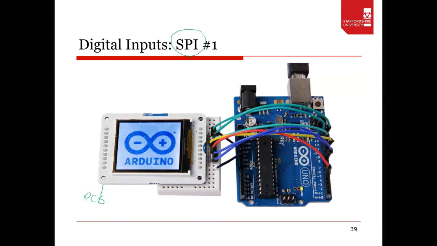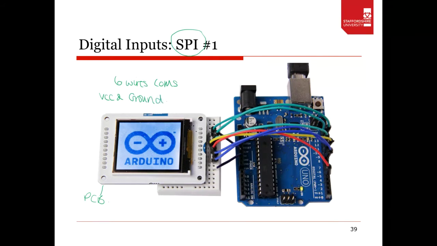You can see we've got 1, 2, 3, 4, 5, 6 wires for comms, plus the VCC and ground.